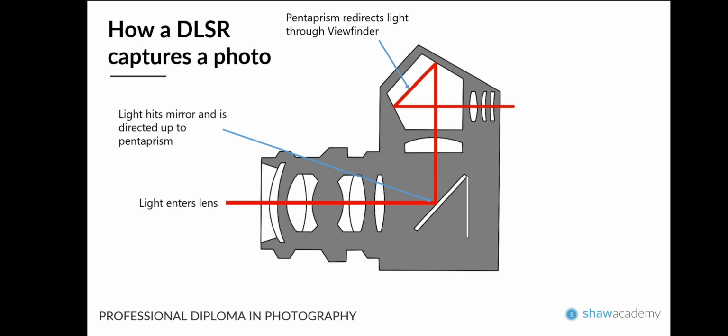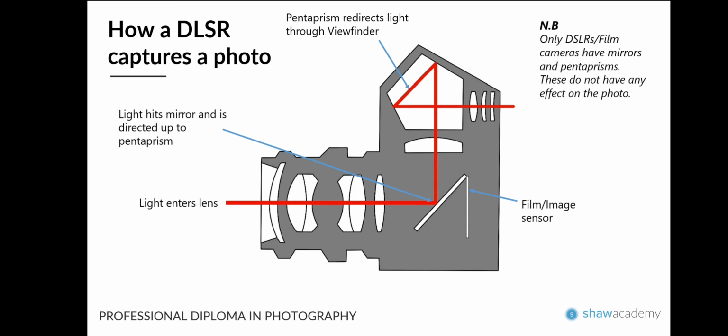So a DSLR has a mirror inside of it, and if you ever take off your lens you'll actually see the mirror, and basically light enters through the lens, bounces off the mirror, bounces all around the pentaprism, and it allows us to see the photograph. Located behind the mirror is our film or our image sensor. So behind the mirror we have our shutter and our film and our image sensor. Now, very important to note, only DSLRs or film cameras have mirrors and pentaprisms.